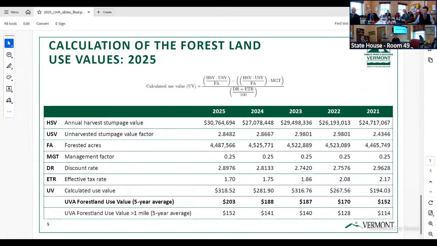One thing that's on my radar, based on looking at ag use and forest land, is seeing the increase in the forest use value and the ag use value over a 10-year period. I don't remember which slide it was from last week or the week before, but it showed how much it increased in 10 years.